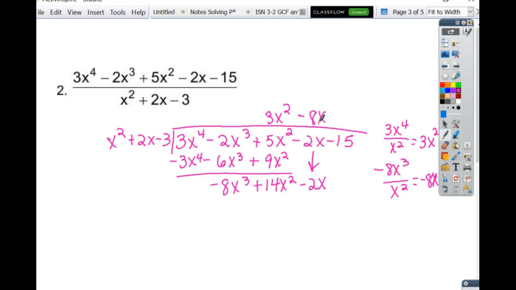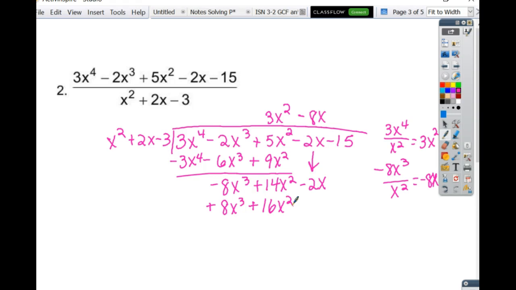Negative 8x times x squared gives me a negative 8x to the third, but I'm subtracting, so it's plus 8x to the third. Negative 8x times plus 2x gives me a negative 16x squared, but that becomes plus 16x squared.